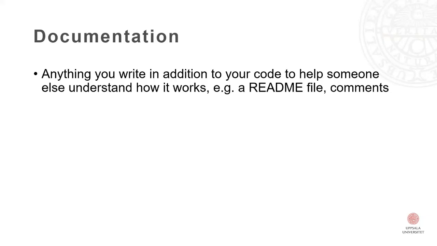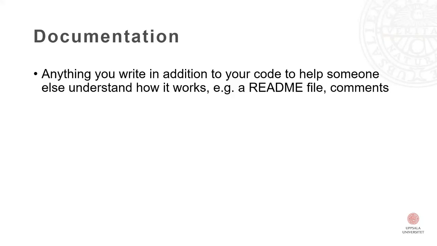When you have implemented the program, what is important is that you not only care about implementation, but also that documenting your work is very important. Documentation is anything you write in addition to your code to help someone else understand how your code works.